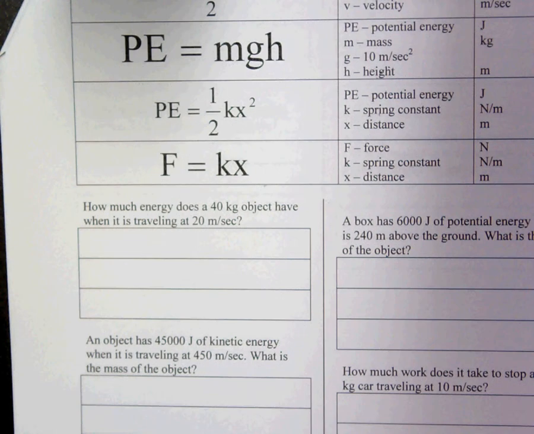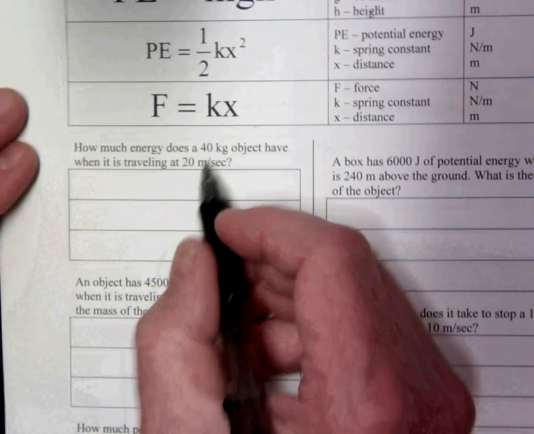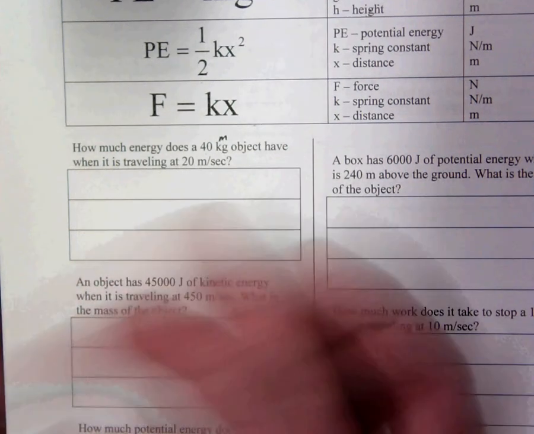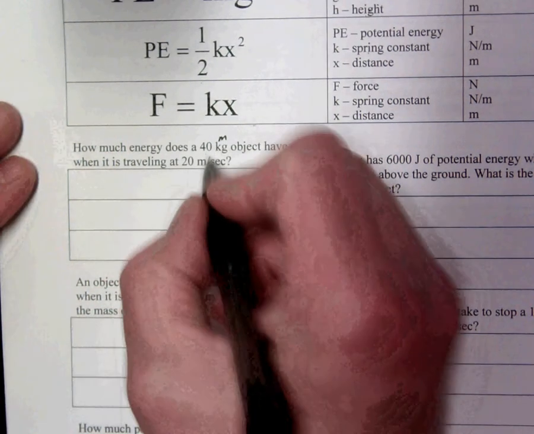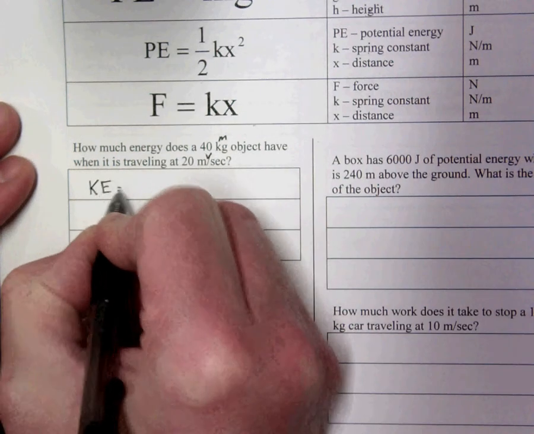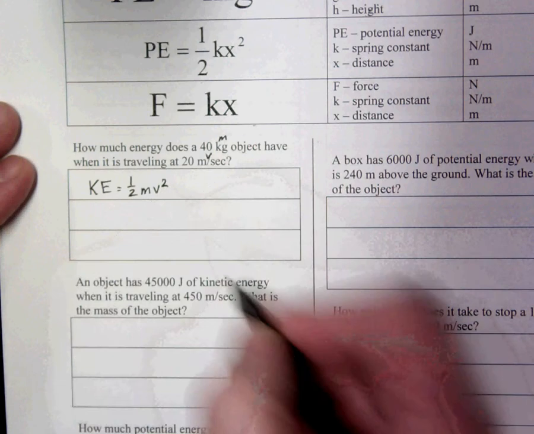So let's look at some example problems. It says, how much energy does a 40 kilogram object have, and you know we're traveling at 20 meters per second, so there's our V, and so KE equals 1/2 mv squared.